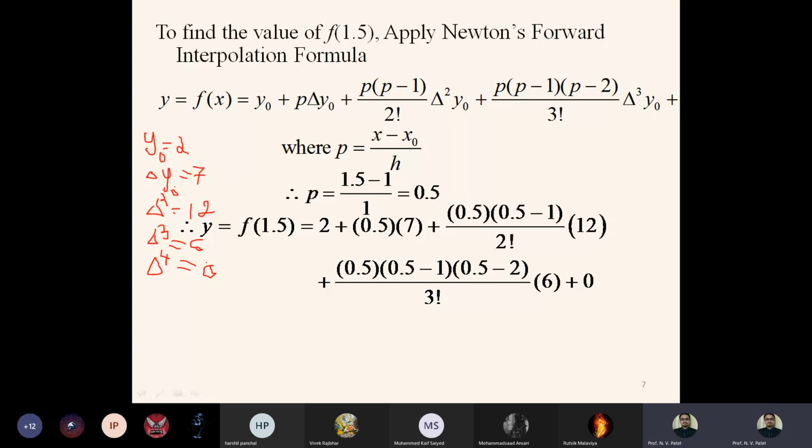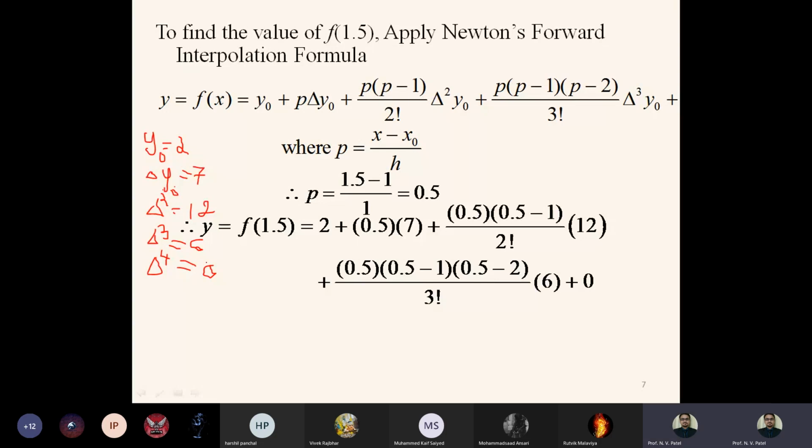So y is equal to f of 1.5 according to our formula, that is y0 plus p delta y0. So y0 is 2 plus p into delta y0. p is 0.5 into delta y0 7 plus p minus 1 upon 2 factorial delta square y0.